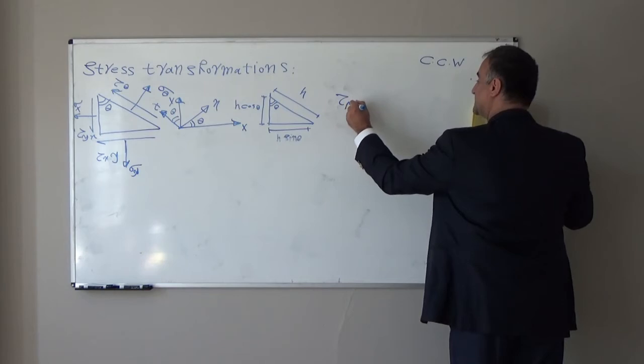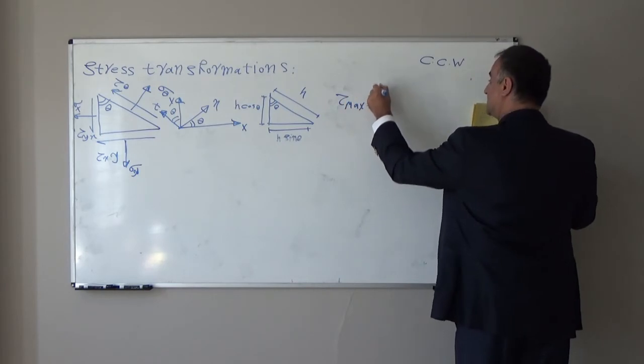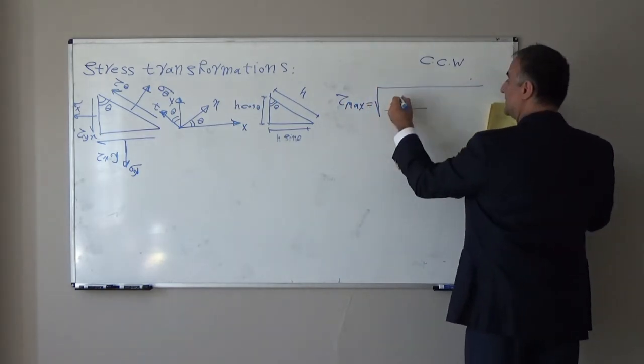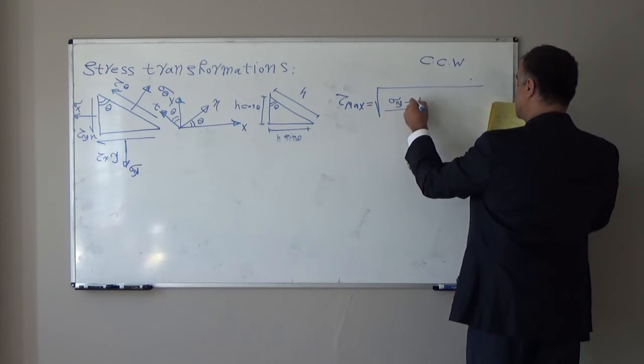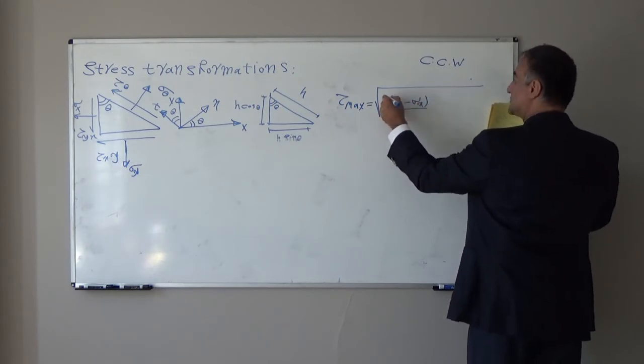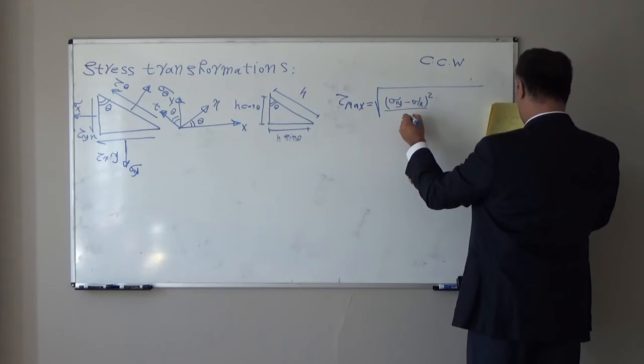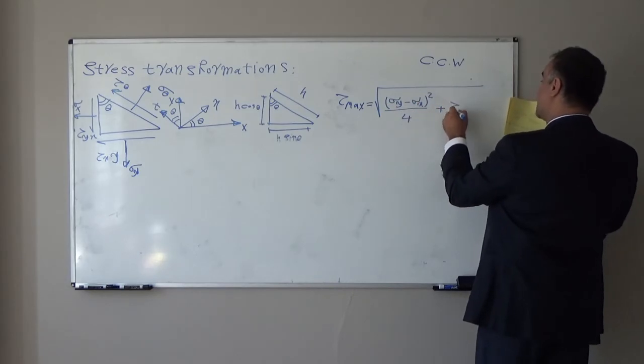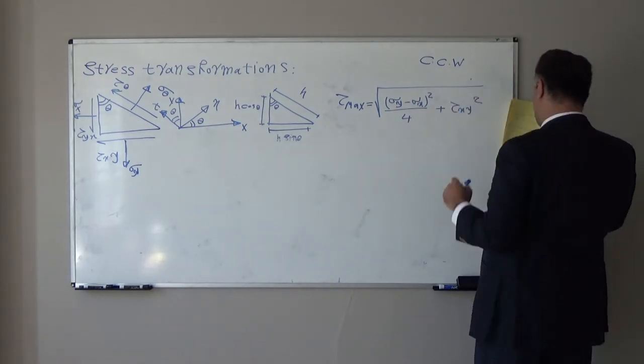Tau max will be equal to the square root of sigma y minus sigma x squared over 4 plus tau xy squared.